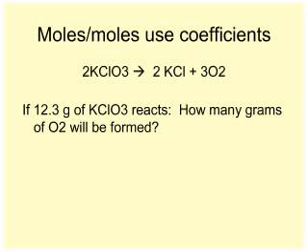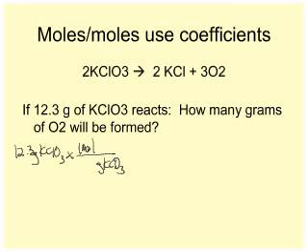So if I have 12.3 grams of KClO3, potassium chlorate, reacts, how many grams of O2 will form? So starting out with 12.3 grams of KClO3 times dividing bar, grams of KClO3 on the bottom, because I want to cancel that out, 1 mole of KClO3 on top. Little g stands for grams, and little g stands for go to the periodic table.